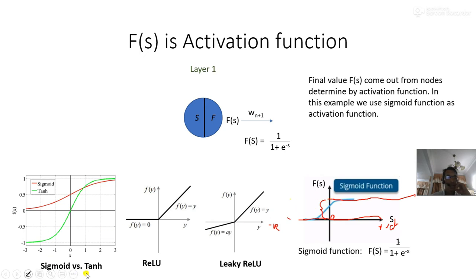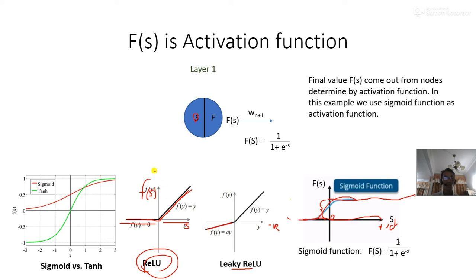Another one is ReLU. This is one you've heard. Remember this one and this one are different. With ReLU, any negative value of s, the f(s) will be set to 0, and all positive values of s will be set as they are. So this is ReLU, and leaky ReLU is basically just a little bit different down there.